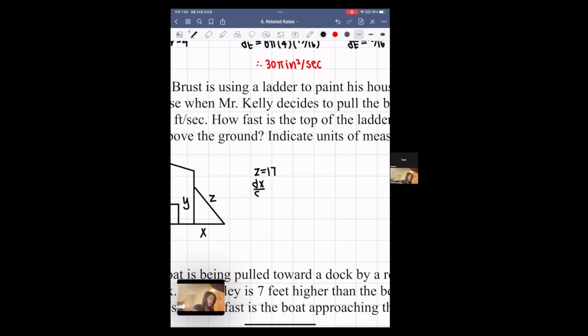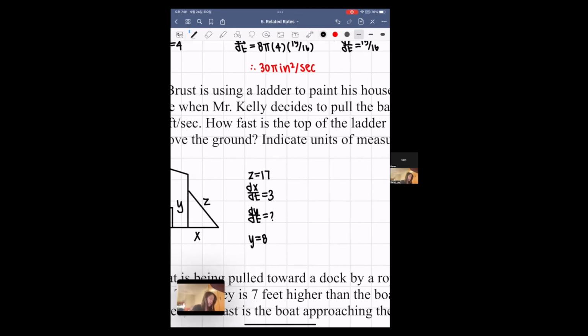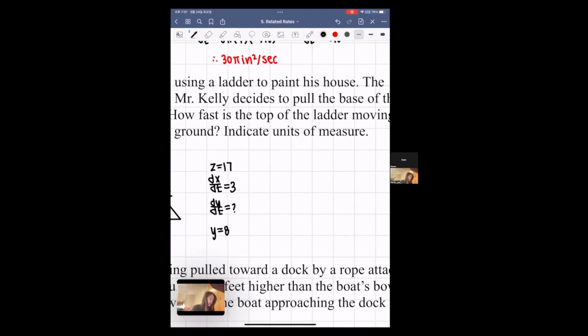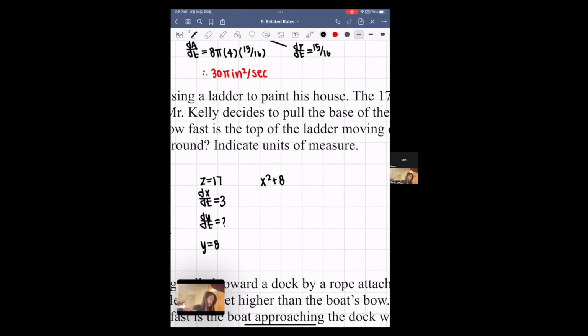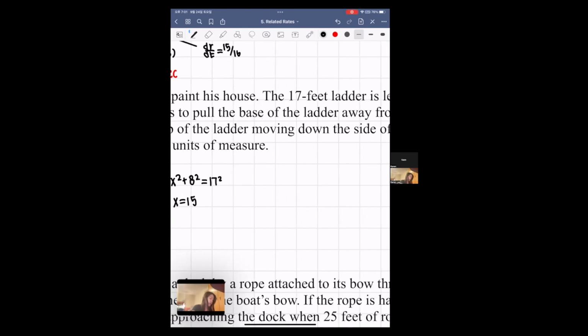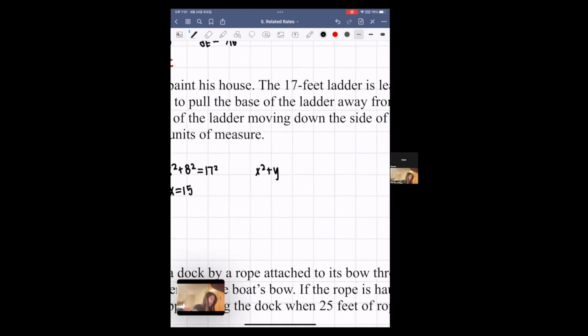dx dt is 3. We have to find dy dt, and y is 8. So first, to find the value of x, we just use this. So x is 15. Now we use the Pythagorean theorem. And like I said, z is a constant, so we just do this.